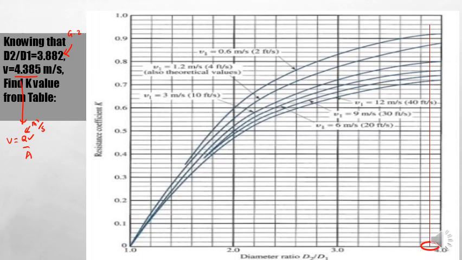So we have 3.882 for the ratio D2 divided by D1. And we go straight to the velocity here. This one is quite tricky because the V is 4.385, so it is between the line for 3 meter per second and the line for 6 meter per second.